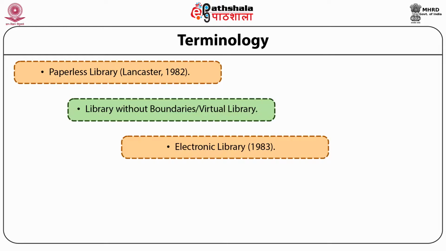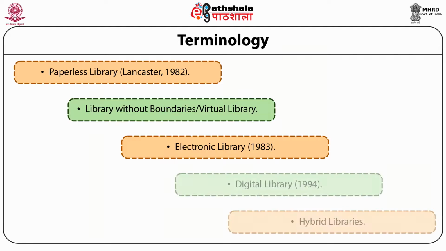The relatively recent use of term digital library can be traced to digital library initiatives funded by the US National Science Foundation, the Advanced Research Project Agency and the National Aeronautics and Space Administration, NASA in the United States in the year 1994.